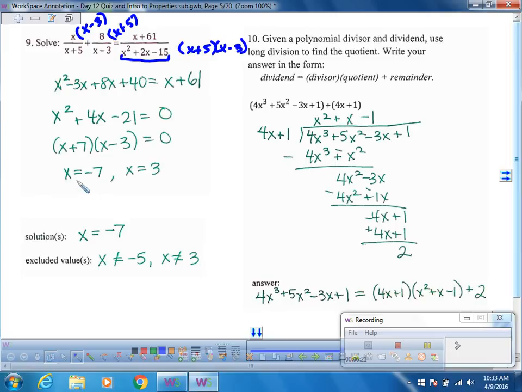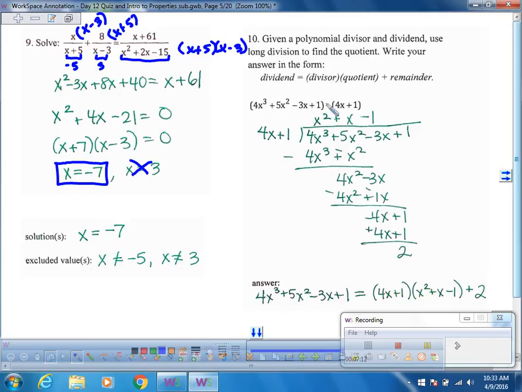Now, your answer was x equals 7 and x equals 3, but if I put 3 right here, x cannot equal 3, and x cannot equal -5, because that would make those denominators 0. So since those were your excluded values, x equals 3 is not a solution. So x equals -7 is your only solution.